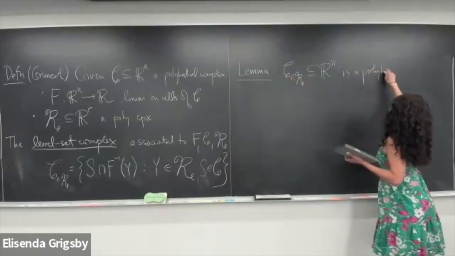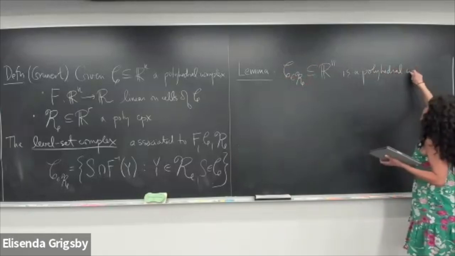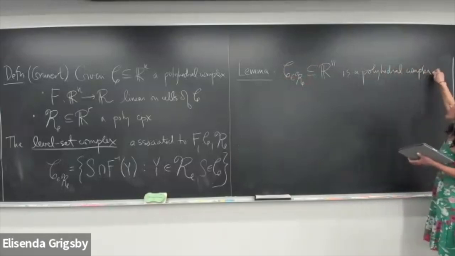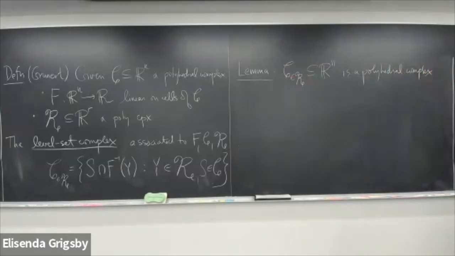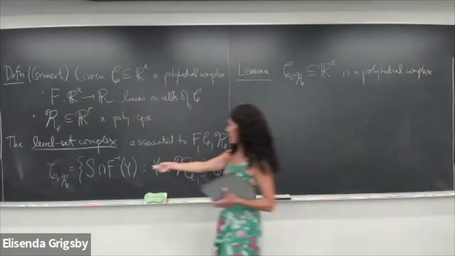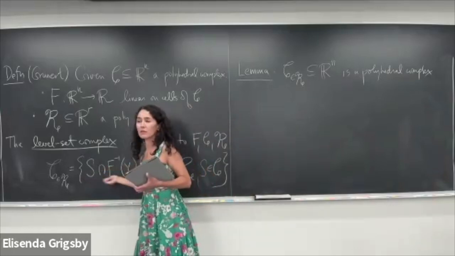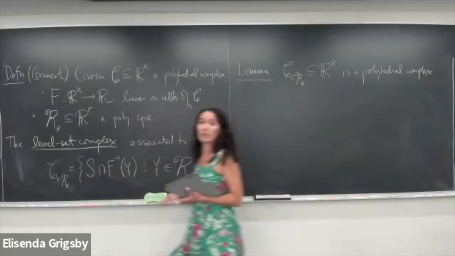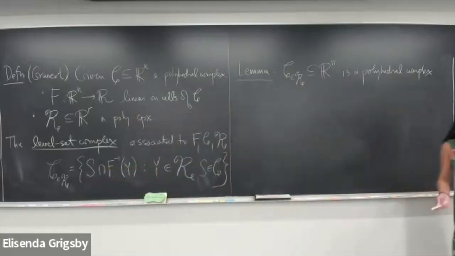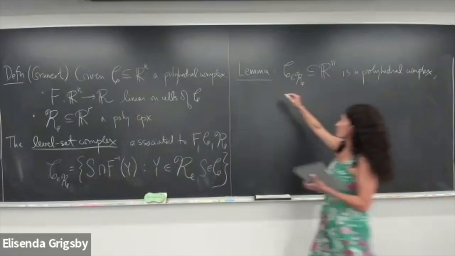This is also a polyhedral complex, and you can actually think of it as being like a subdivision of the original polyhedral complex, because each cell of this new one is an intersection of one of these cells with something else that's closed. Polyhedral complex, which can be viewed as a subdivision.